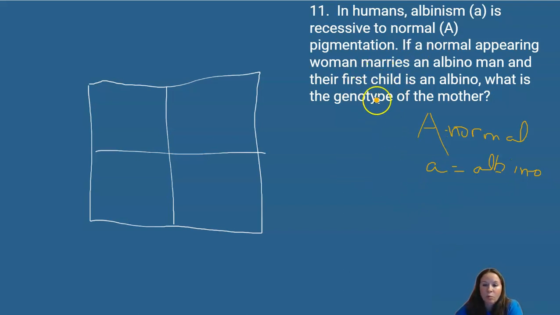If a normal appearing woman, well, to be normal, you have to have at least a big A, right? A normal appearing woman marries an albino man, well, they have to be little a. What's the genotype of the mother? The first child is albino.